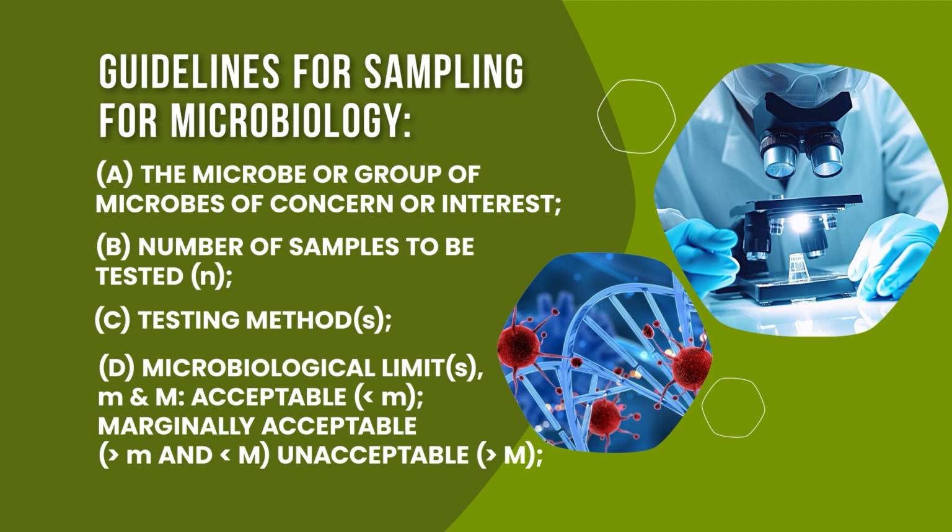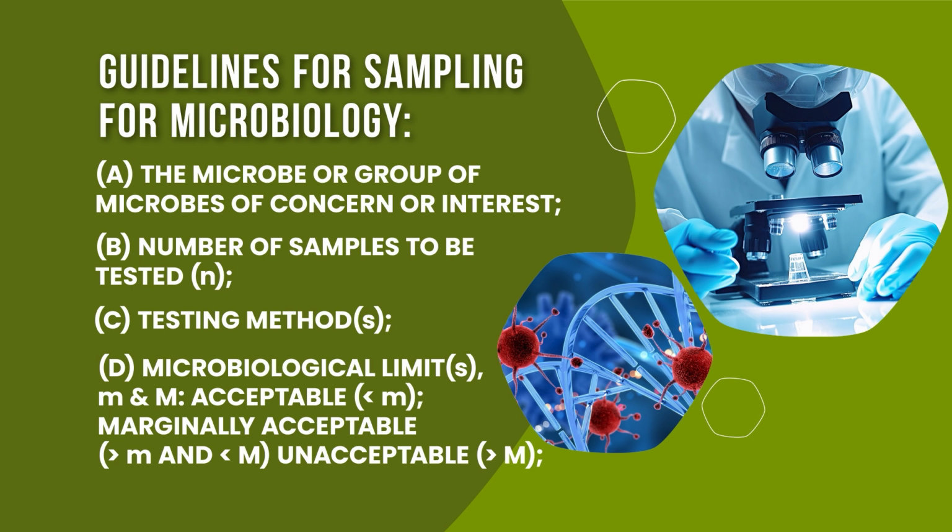Then there is marginally acceptable. That means more than m but less than capital M. Capital M is dangerous. As I have already told you, if the attribute is creating hazards which can be fatal, like if certain microbes, if their presence is not allowed at all, can be fatal, that is what is representing capital M. So if it is more than small m but less than capital M, it is marginally acceptable.